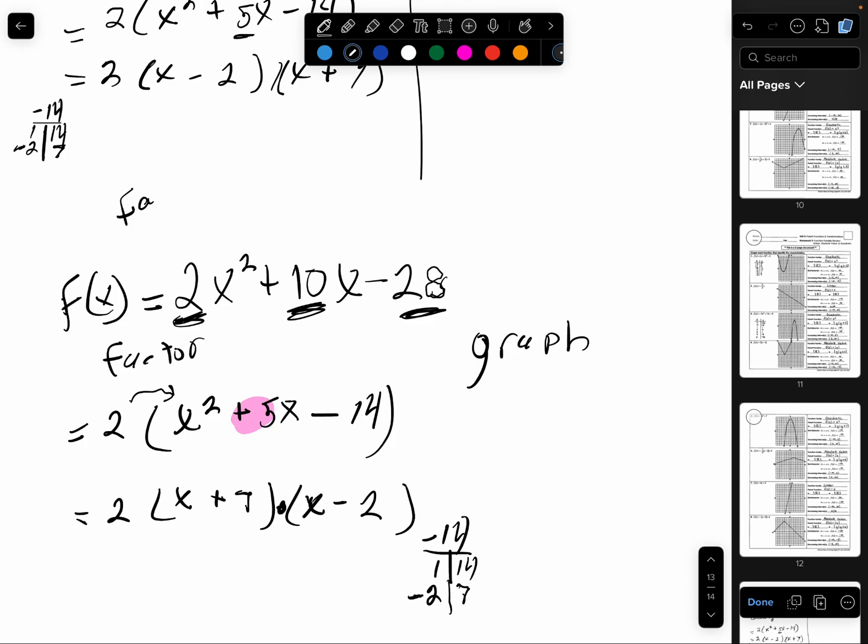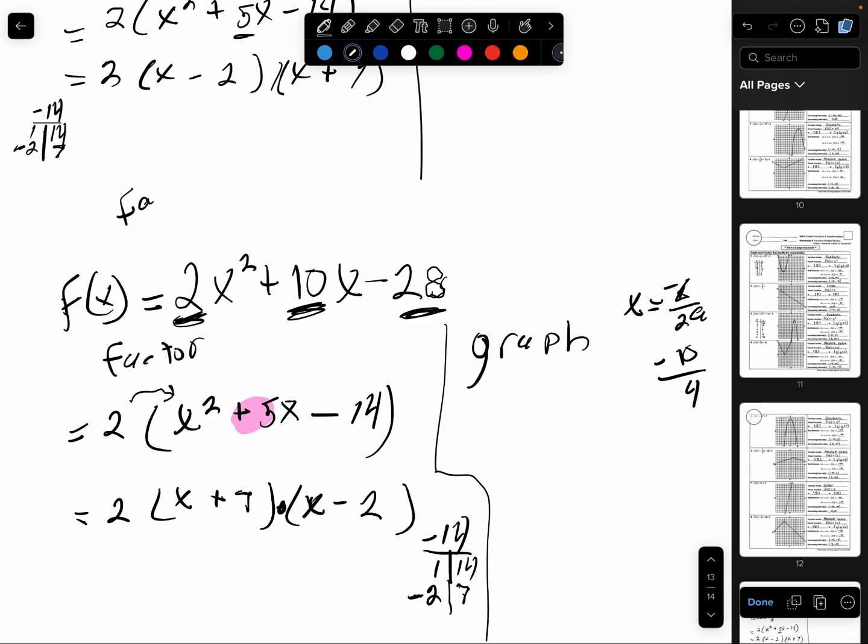We could graph it, kind of. That gives us some information to graph the function, but we've been learning about something different. The first thing we learned about is to find the axis of symmetry, negative b over 2a. In this case, that would be negative 10 over 2 times 2, which is 4.